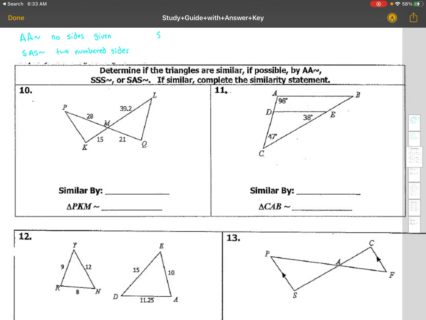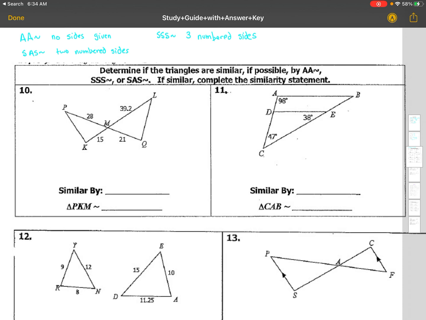And for side side side similarity, there are going to be 3 numbered sides. That's how you know which one to check. It's not guaranteed to be the one you choose, but it can't be the other two. What I'm saying is that it's not necessary that the triangles are similar, but you can tell which similarity theorem to check for just by the number of labeled sides.